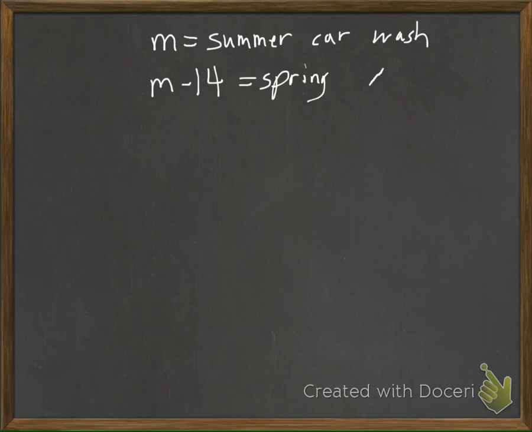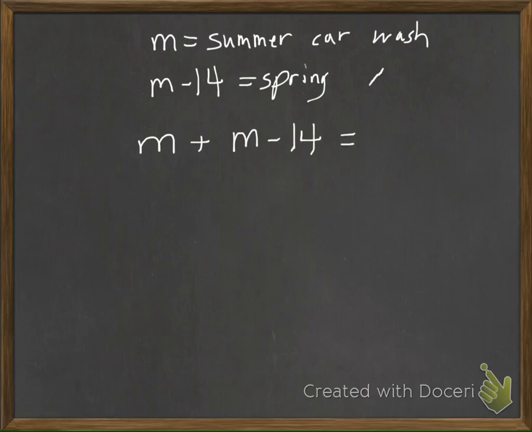And then once again, it tells us the total. They washed a total. So total tells me I'm going to do what? Add. Total is an addition word. The total of cars is how many of the cars they washed in the spring plus how many they washed in the summer. So in the summer they washed M. In the spring they washed M minus 14.